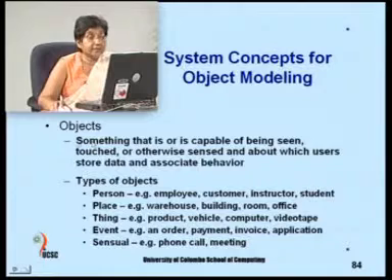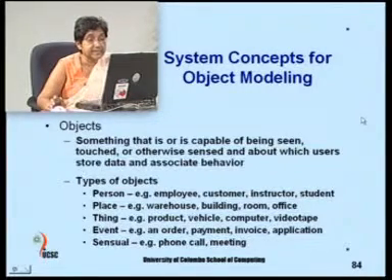Now, according to this, objects are defined as something that is or is capable of being seen, touched or otherwise sensed, and about which users store data and associate behavior.